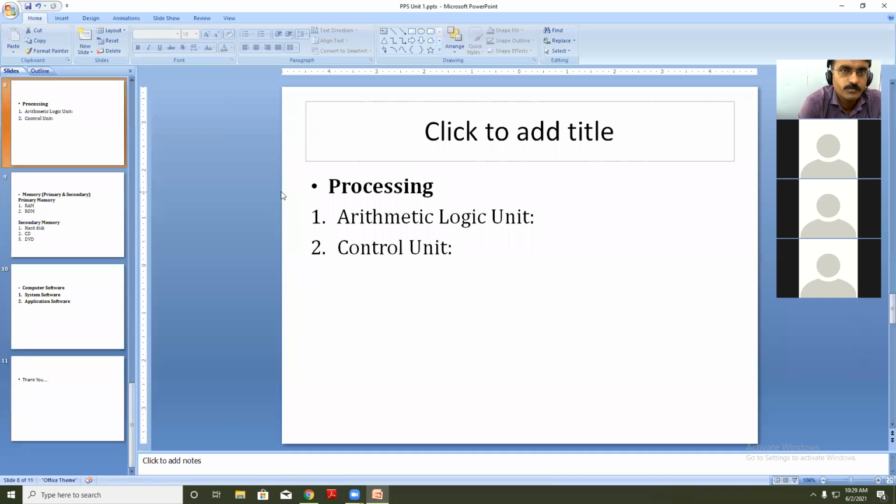For making such calculations, we have to provide a set of instructions. Let's say I have given the input through the keyboard as 2 and 4, but I have not given an instruction to make addition, subtraction, multiplication, division or any other mathematical calculation.